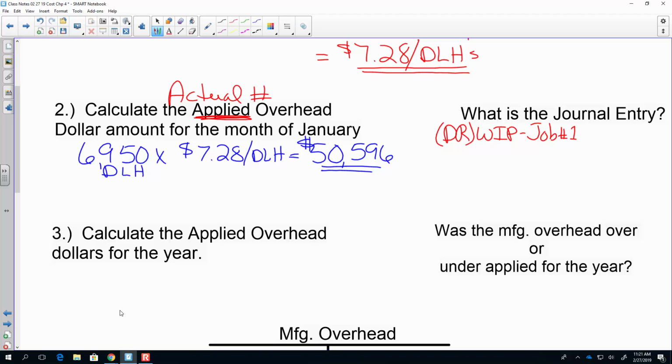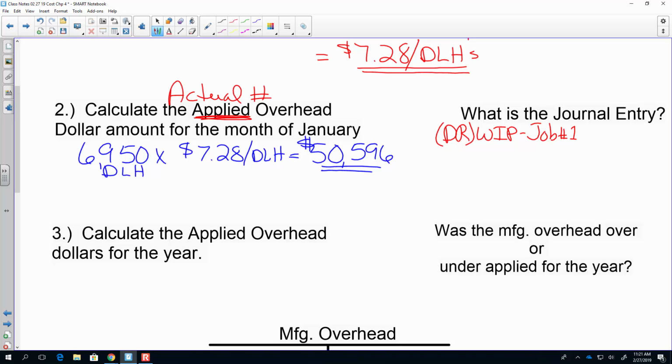They didn't identify it, so I'm making that job number up. But in chapter 5, we're talking about job order costing. You do this, or the computer does this in the background, for every job the company's working on, based on the labor hours. So much, $7.28 per labor hour, is going into WIP.